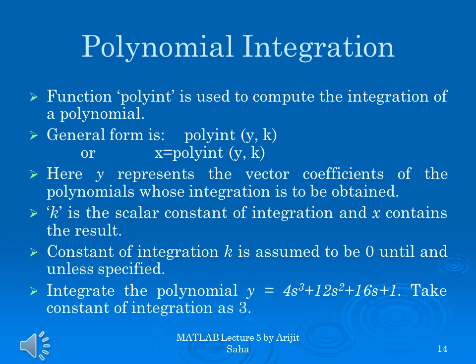The general form is polyint(y, k) or x equal to polyint(y, k). Here y represents the vector of coefficients of the polynomial whose integration is to be obtained. K is the scalar constant of integration and x contains the result. The constant of integration k is assumed to be 0 unless specified. Integrating the polynomial y can be done like this.